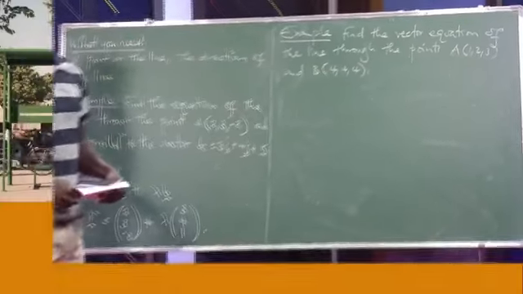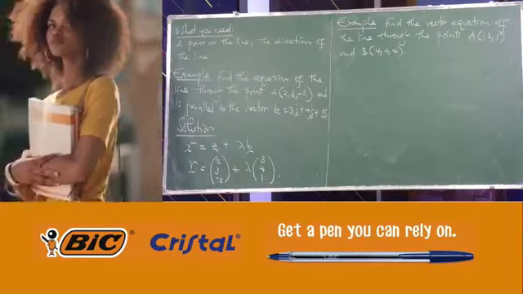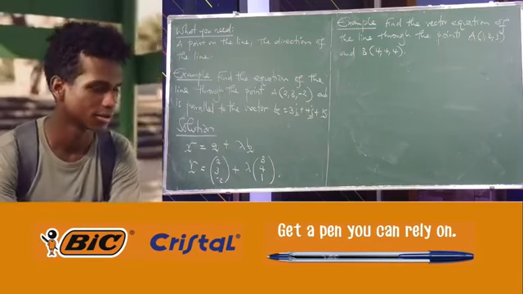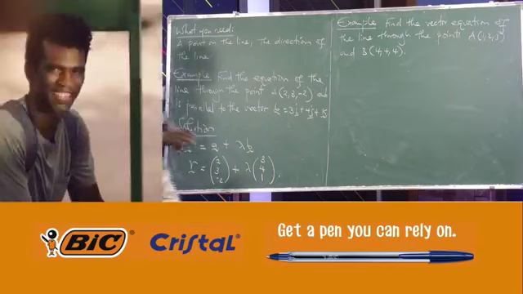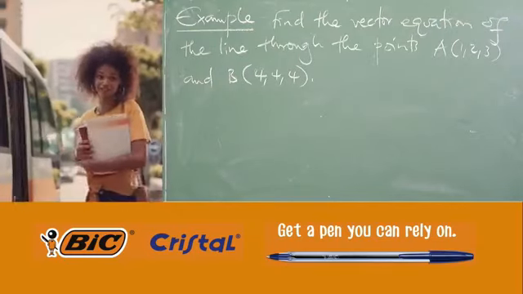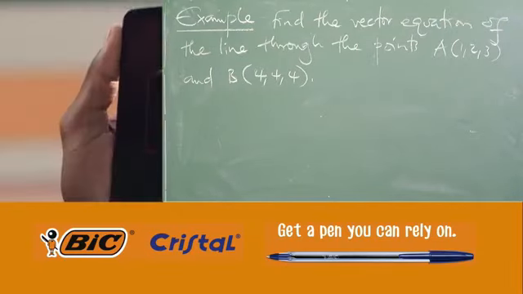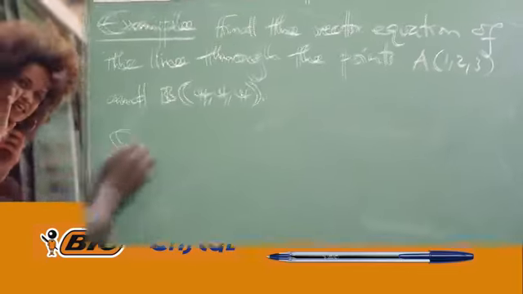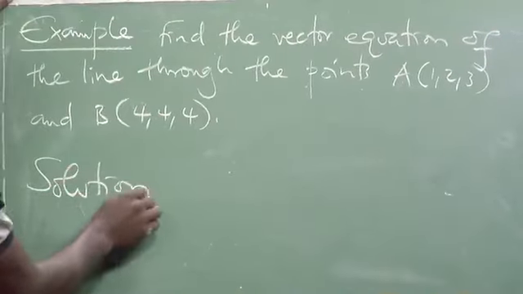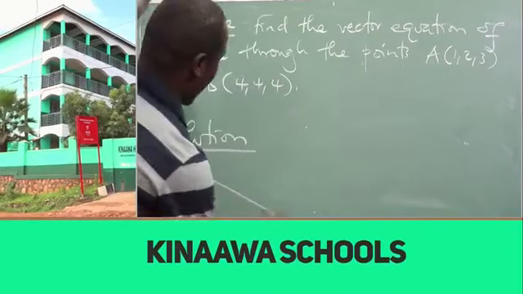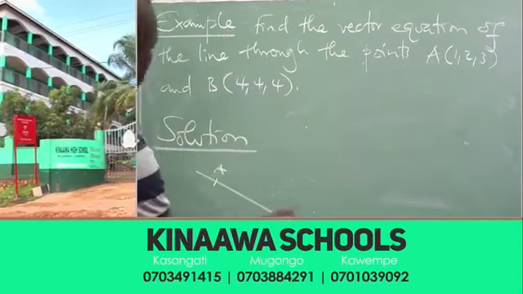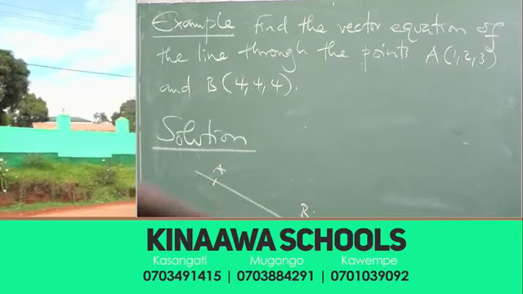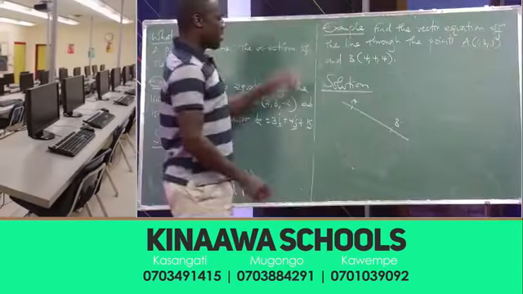Now here you realize that we don't have a direction vector. It is not directly given. So we need it. We shall look for that. So we have A and we have B. So you notice that the vector parallel to the line should be the vector AB.